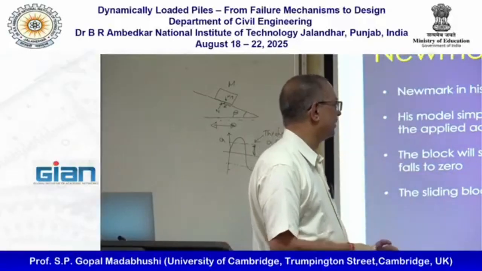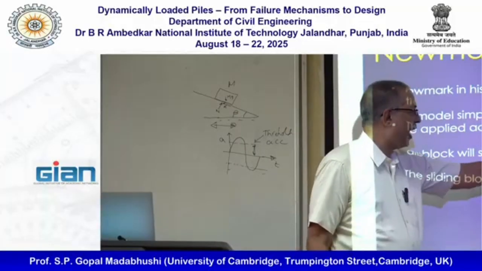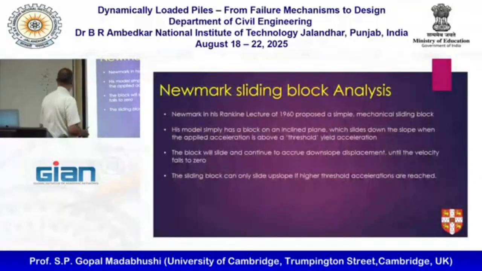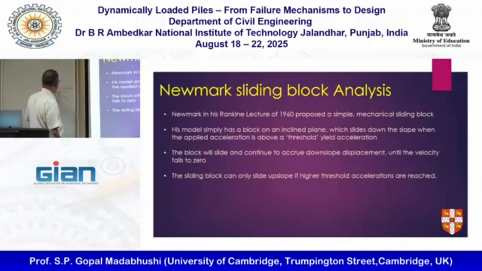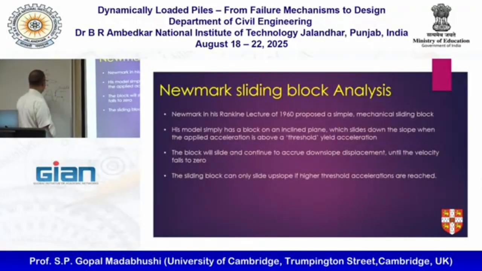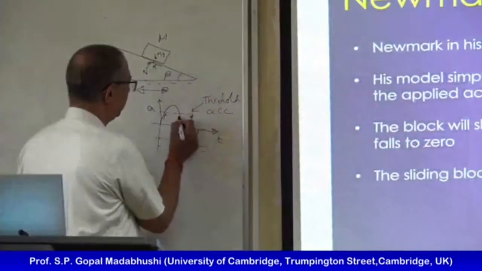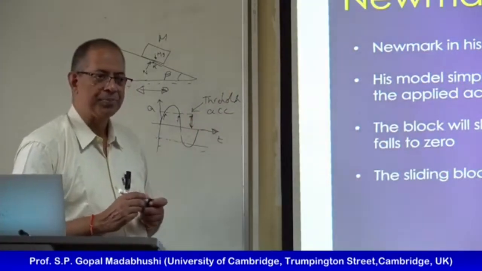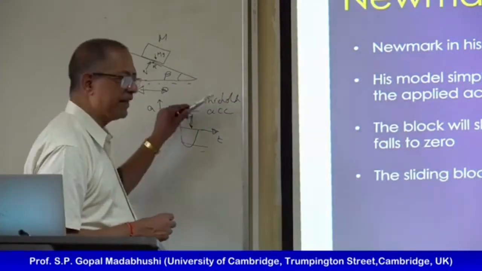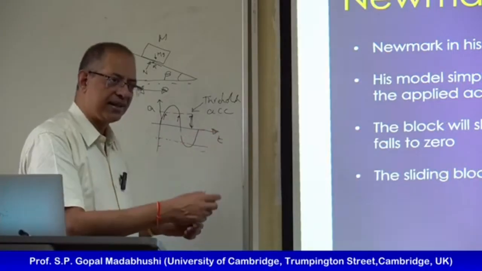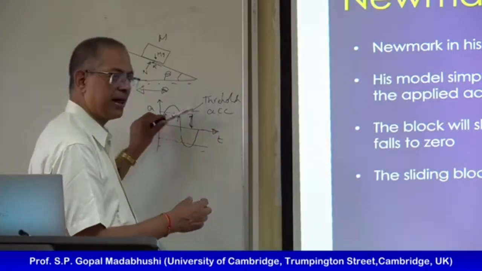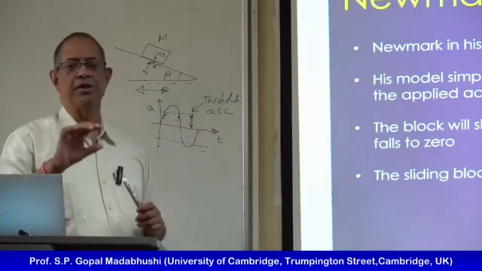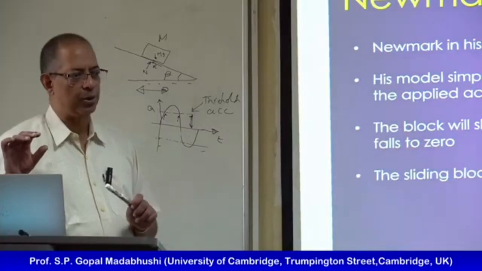So if I now have more cycles, what will happen? Because I'm only looking at one cycle, in that period from here to here, the block will slide. Yeah? But if I have more cycles, for every cycle, as soon as I cross the threshold acceleration, I'll accrue some more displacement downslope.